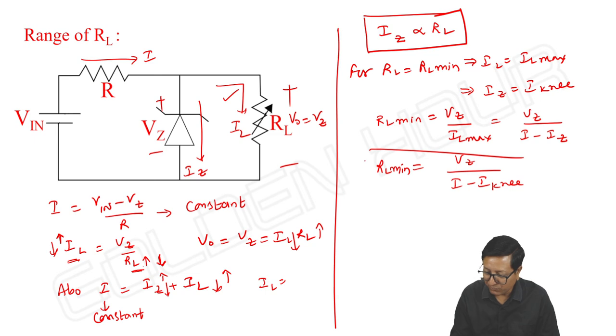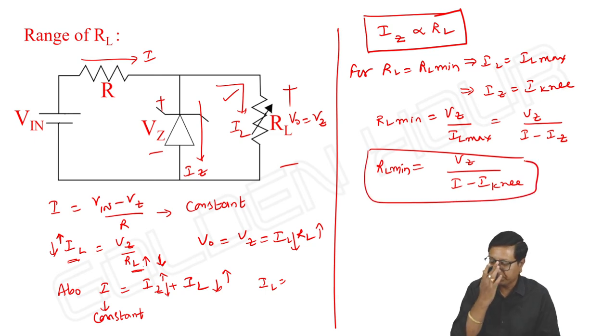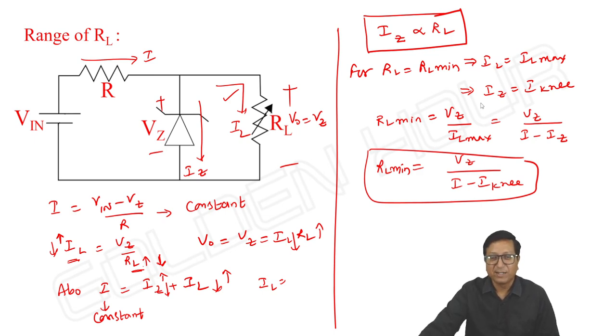RL minimum comes from IZ minimum. Okay, this is how we can write RL minimum. Similarly, RL maximum, how to take RL maximum. Okay, if IZ minimum is not given in the problem, then what we can take? IZ minimum is equal to 0, right? It is possible. That depends upon the specifications they give.